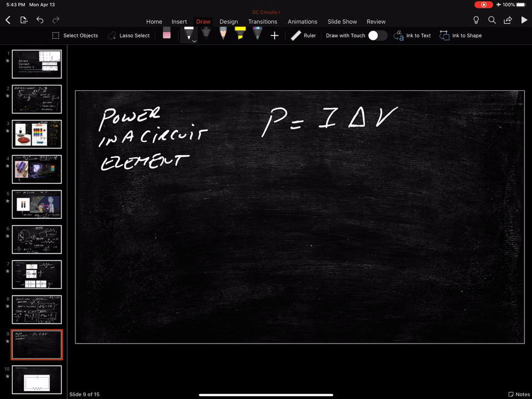So for instance, for a resistor, P resistor equals I times delta V resistor, and that would be I times IR, which is I squared R, because V equals IR.